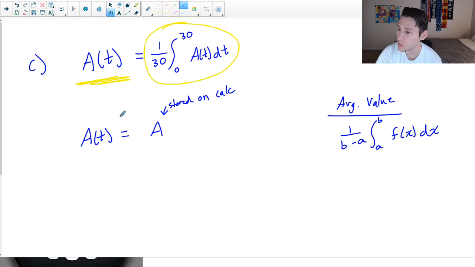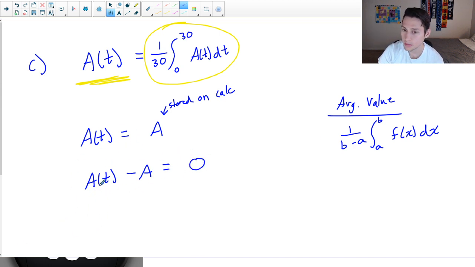So now I want to know, when is my function going to be equal to that value? All right, well, we've talked about this a few times now. We cannot ask our calculator to take this function and tell us when it is going to equal this number. But what we can tell our calculator to do is say, hey, take this function, when is it going to equal 0? Right? When is it going to be an x-intercept? But we just have to rearrange then. So I'm going to bring that A over to the left side.